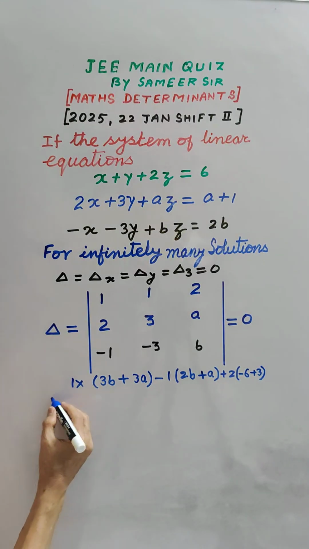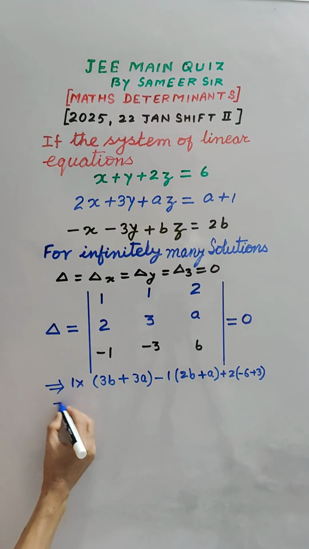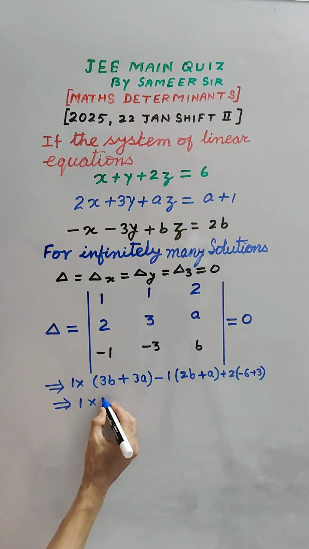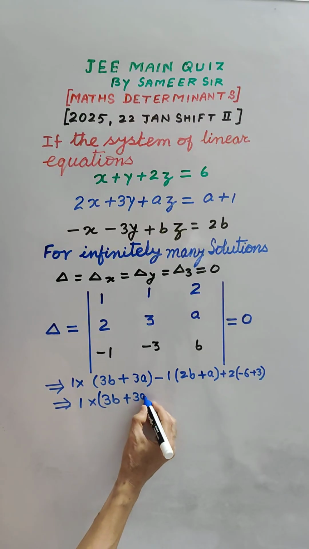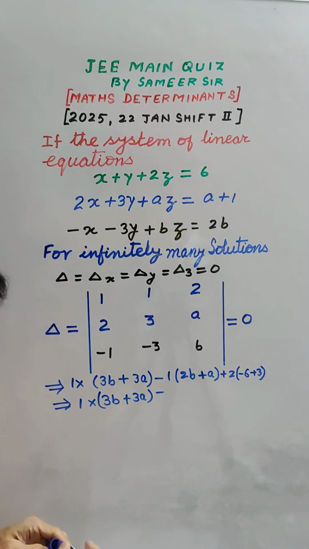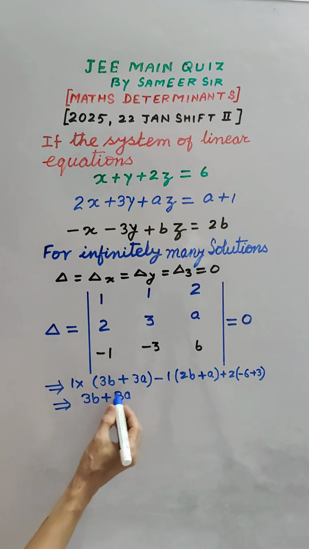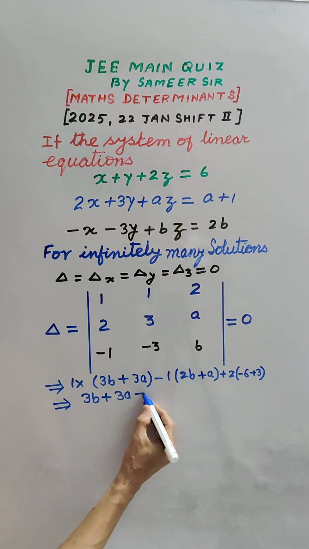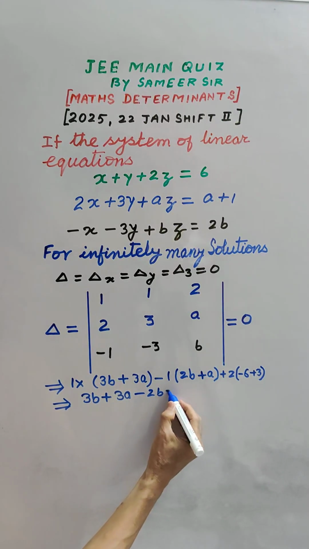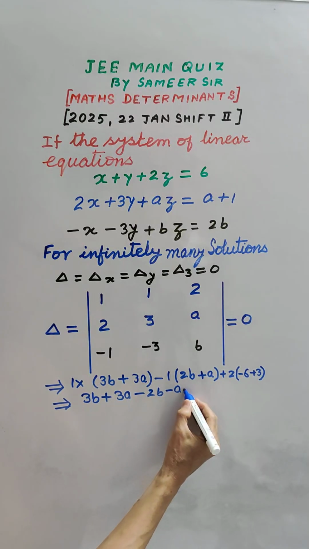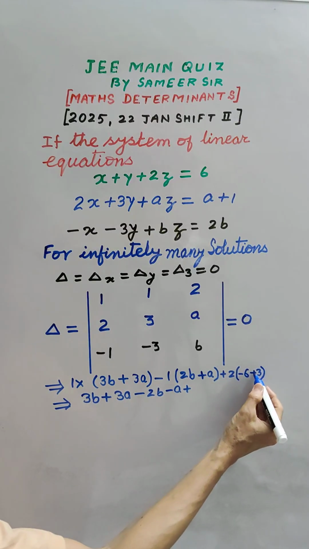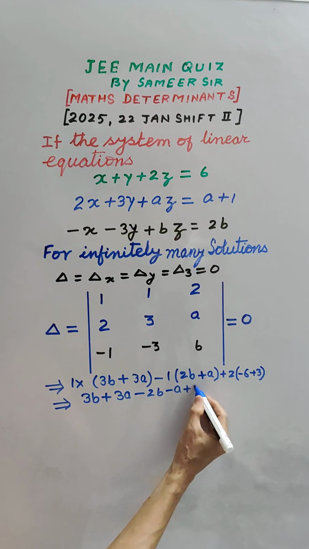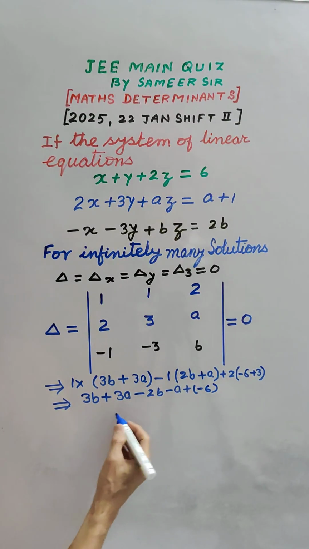And solving further, 1 into 3b plus 3a, this will become 3b plus 3a minus 2b minus a and plus 2, 6 minus 3, that is 3, minus 3 into 6, so that is minus 6.